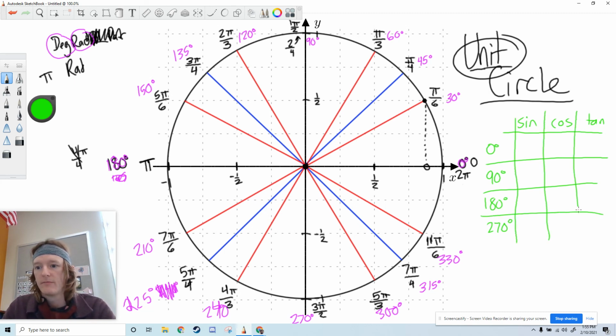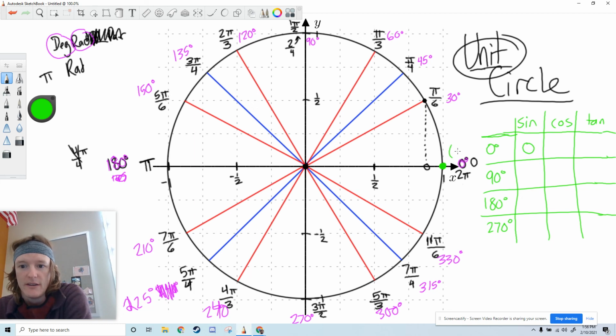Our question here is, sine of 0. How tall is it right here at this specific green point? Well, it's 0 tall. Its vertical height, its height on the y-axis, its coordinate is 1, 0. So its sine is the y value, which is 0. Its cosine is the x value, and this will be 1.